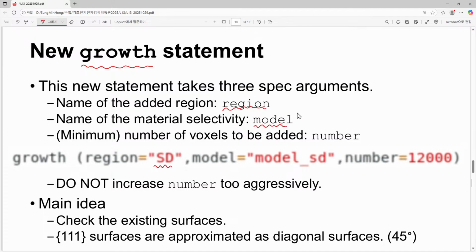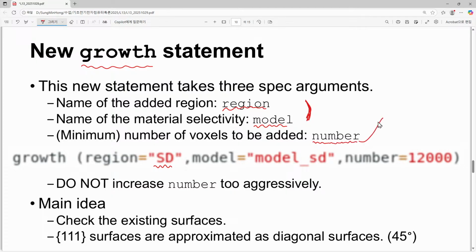We had this capability previously, so it is not changed from deposition. We have no input argument corresponding to mask; that is not implemented in this statement. Instead, we have a little bit different specification.